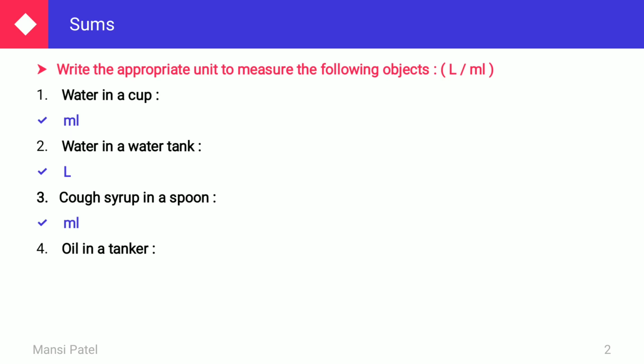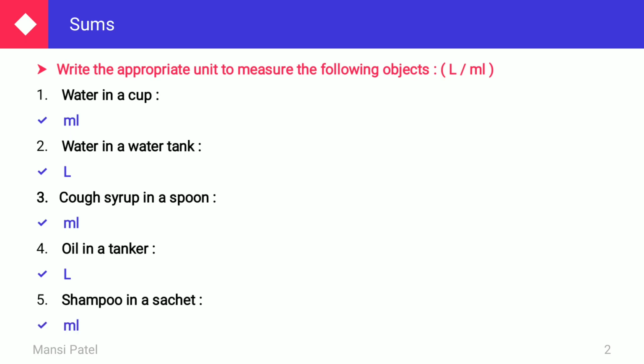A tanker holds a maximum amount of oil, so it is big, and in that we have to use liter. Next, shampoo in a sachet. Here a sachet is known as a pouch. How much shampoo is there in the pouch? It holds a less amount.